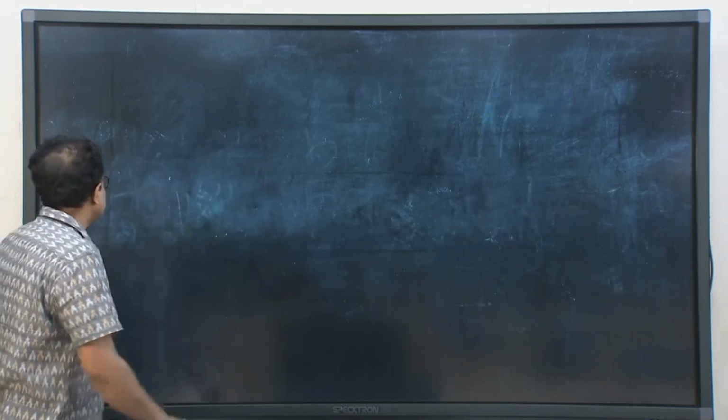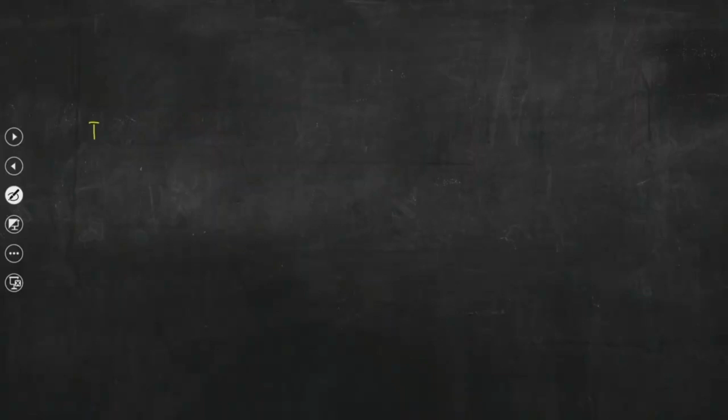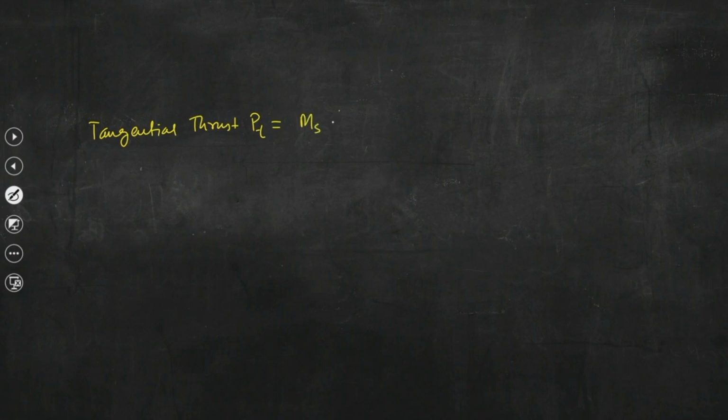So, this tangential thrust, if we try to write, Pt equal to ms into delta C theta. So, this ms is the mass flow of steam. If it is mass flow rate, then it should be m dot s, but it is mass flow of steam.